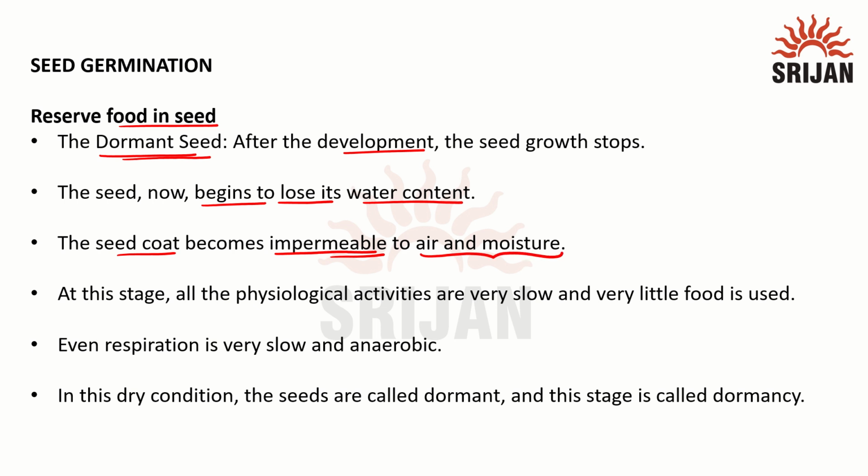At this stage, we can see that all the physiological activities will slow down and very little food is used by the embryo. Even the respiration rate is very slow and it will be anaerobic in nature. In this dry condition, the seeds are said to be dormant and the stage is known as dormancy.